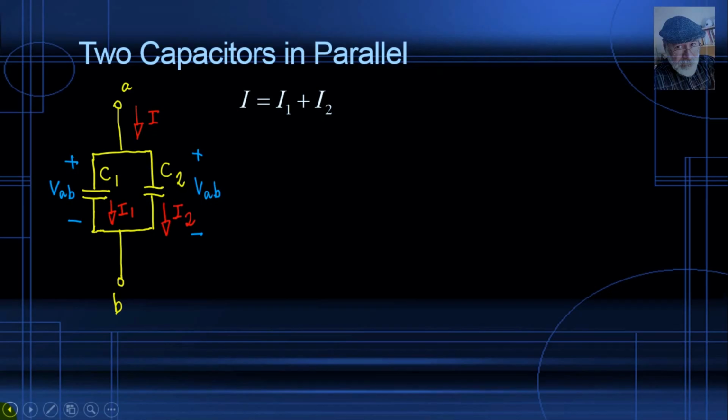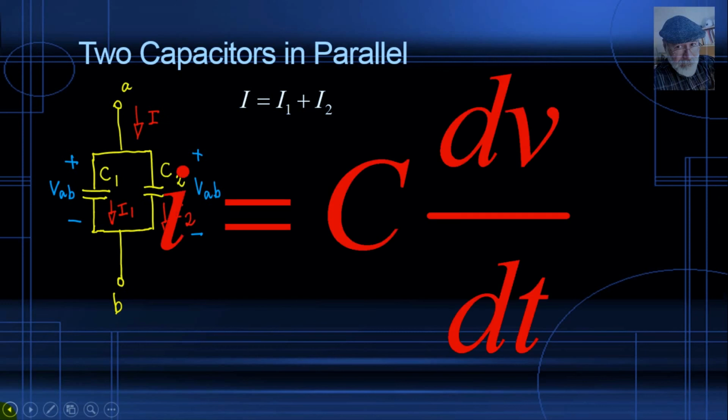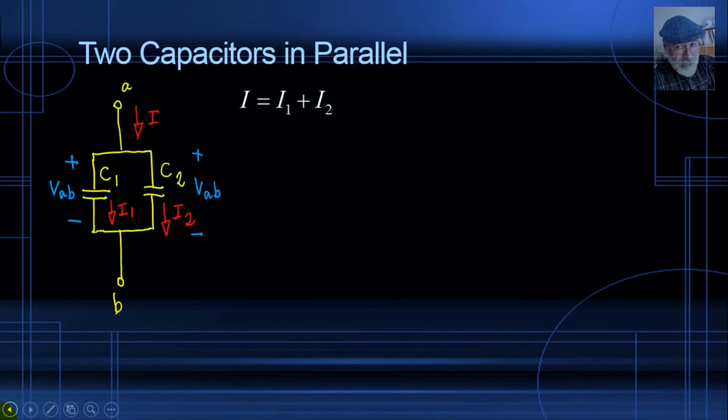KCL says I is the sum of I1, the current in the first capacitor, plus I2, the current in the second capacitor. Who is I1? Who is I2? Anyone here remembers the behavior of a capacitor? I is C dV/dt. The current in the capacitor is proportional to the change rate of the voltage, like this.